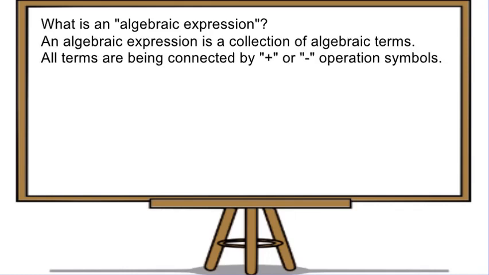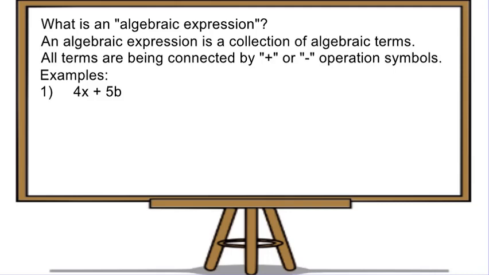Now, let's move on to the next key term. What is an algebraic expression in algebra? An algebraic expression is a collection of algebraic terms. All terms are connected by plus or minus operation symbols. For example, let's have a look at these expressions. 1. 4x plus 5b.